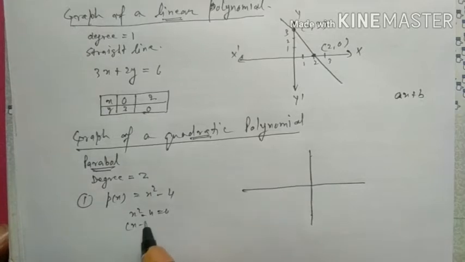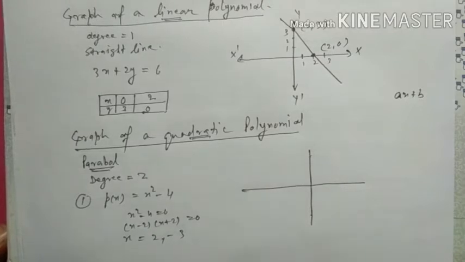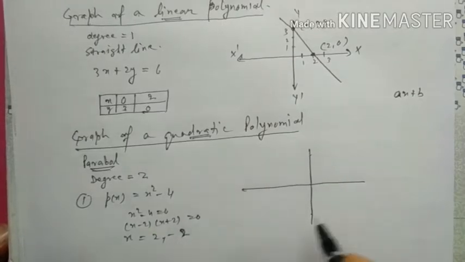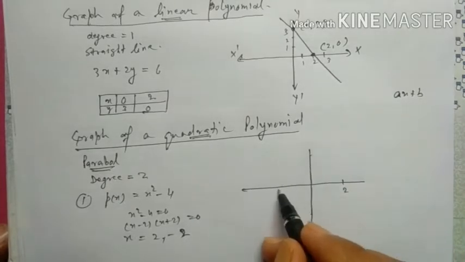This is (x minus 2)(x plus 2) equal to 0, or x equal to 2 and minus 2.